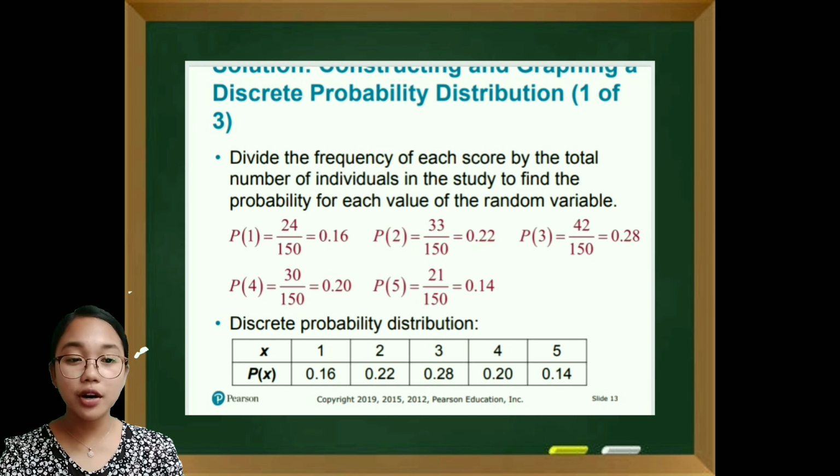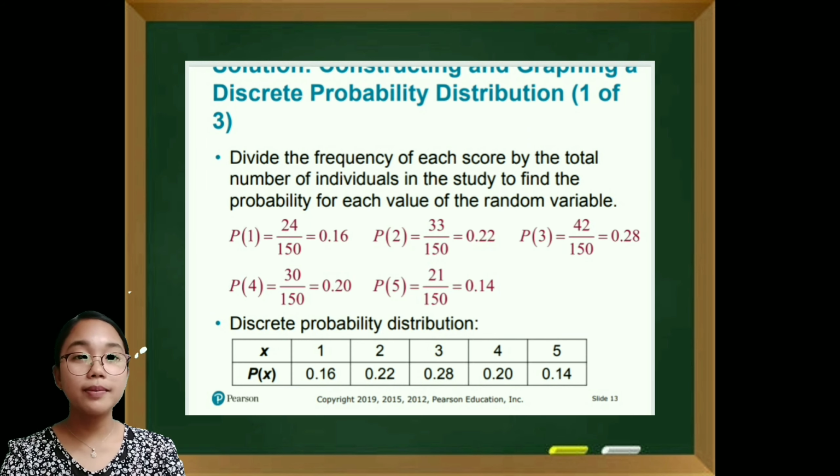So we have 24 over 150 is equal to 0.16. Probability of 2 equal to 33 over 150 is equal to 0.22. The probability of 3 equal to 42 over 150 is equal to 0.28. The probability of 4 equal to 30 over 150 is equal to 0.20.